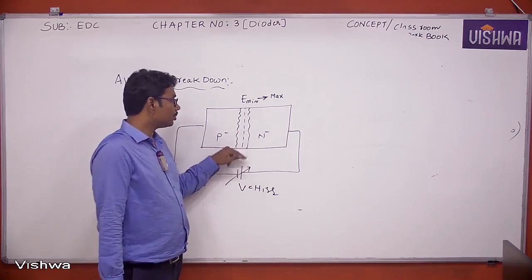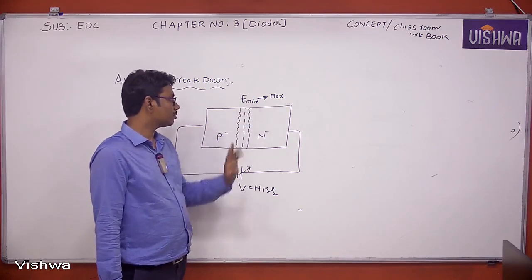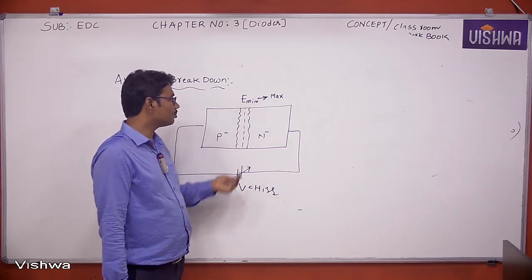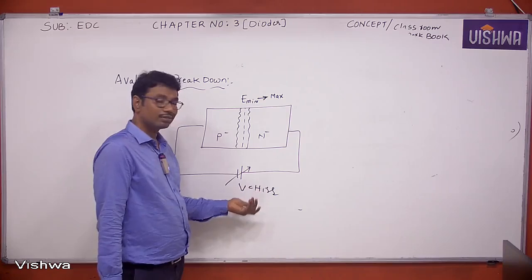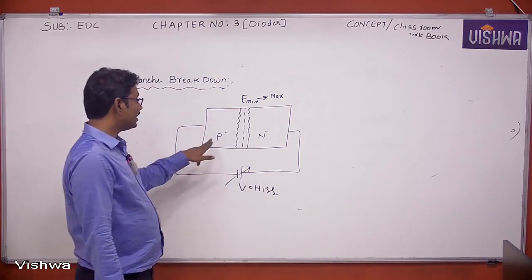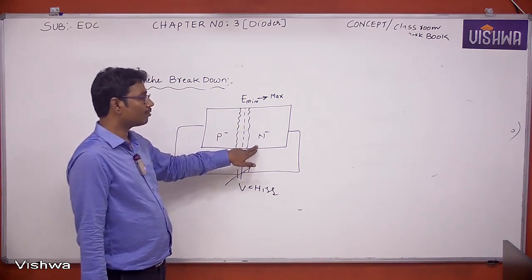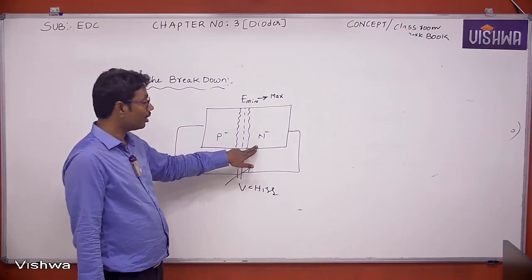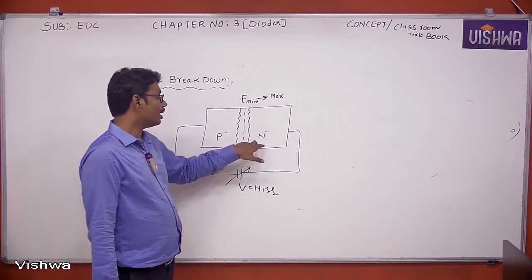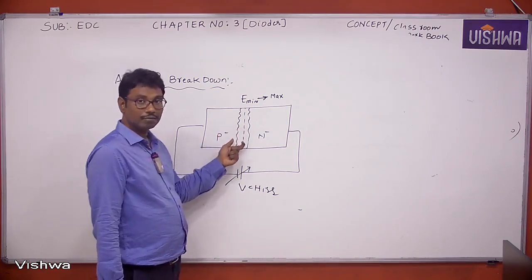To make breakdown happen, you have to make this minimum electric field maximum, by applying high voltage.